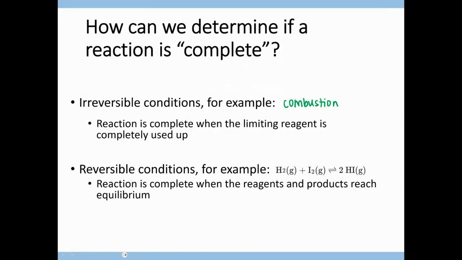And the reason we need an ICE table is because for a reaction with reversible conditions, remember that if we're starting with some amount of reactants, they will react to form products. And those products are also reacting with each other to reform reactants. So at any given time, we have reactants and products present.